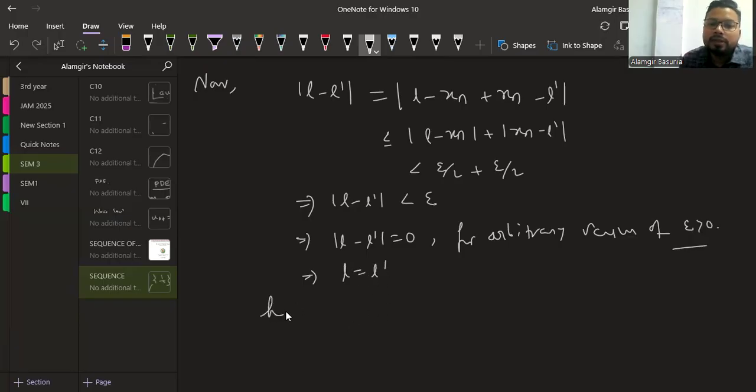Hence, the limit of a sequence is unique, if it exists.